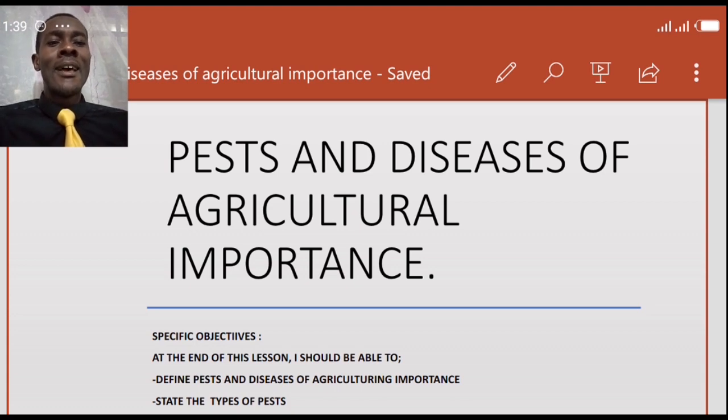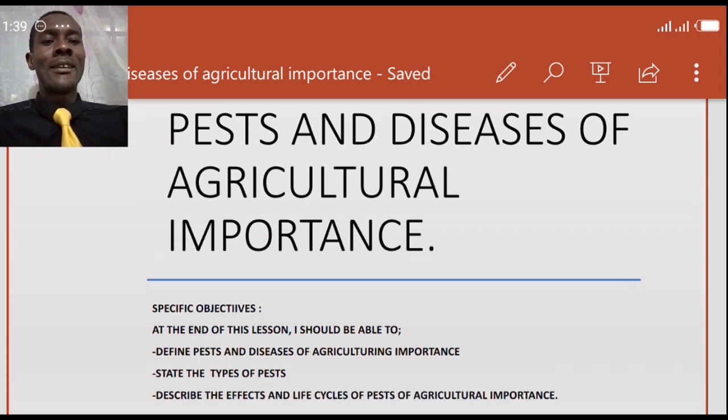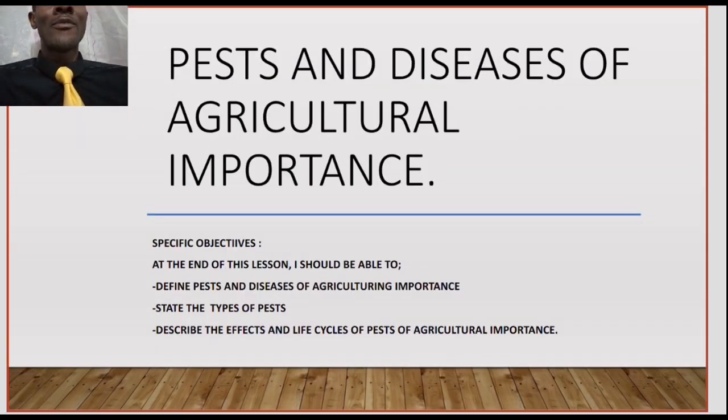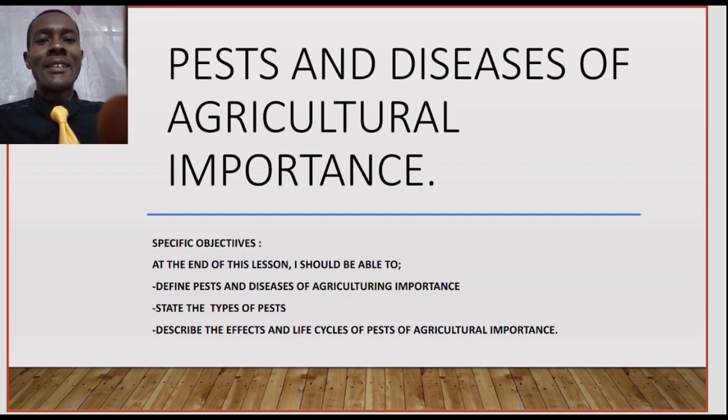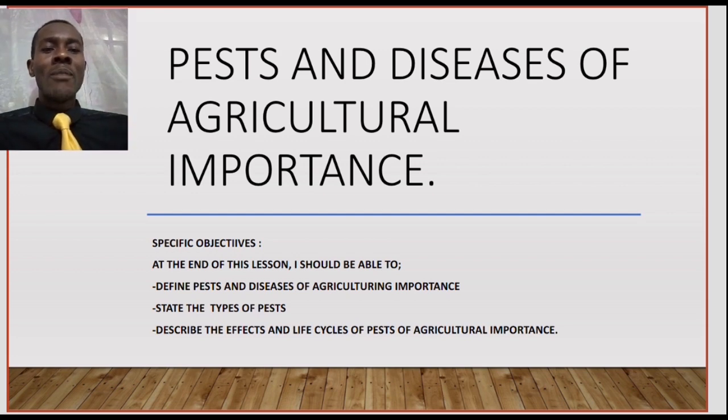In today's topic, pests and diseases of agricultural importance, I want to mention, according to what you're seeing on the screen, that the specific objectives will include, at the end of this lesson, I should be able to define pests and diseases of agricultural importance, state the types of pests, describe the effects and life cycles of pests of agricultural importance.